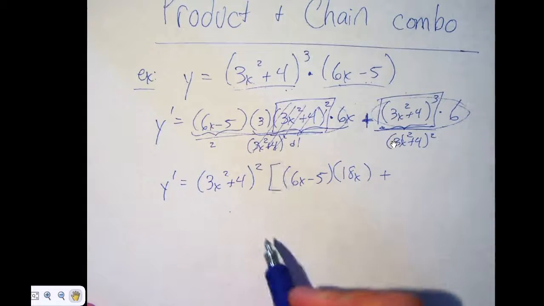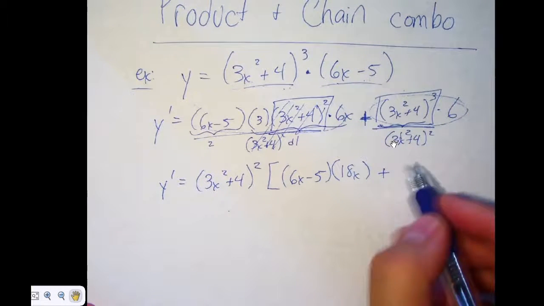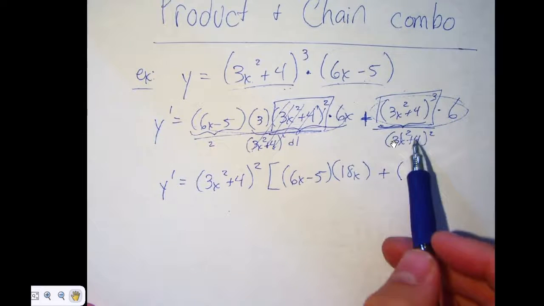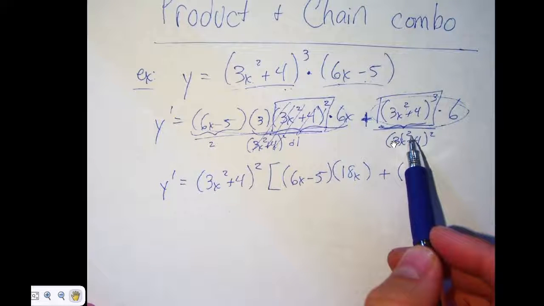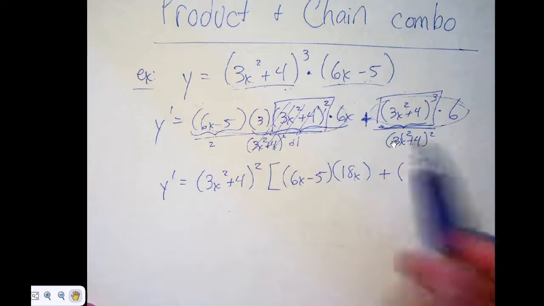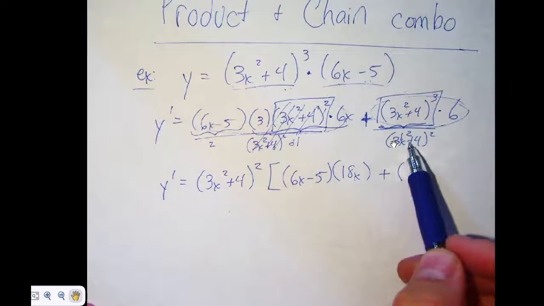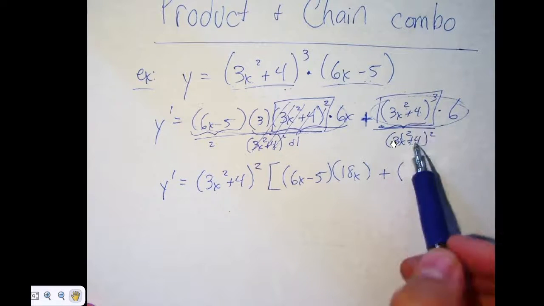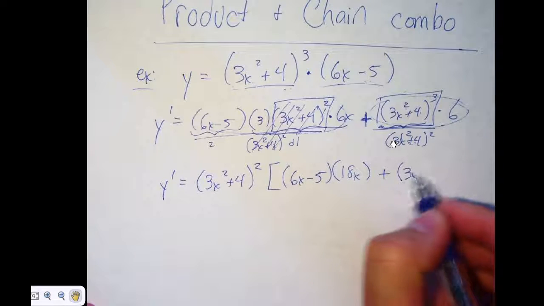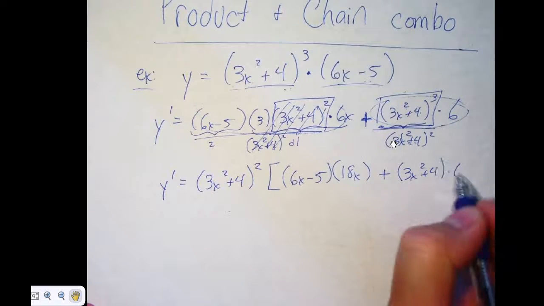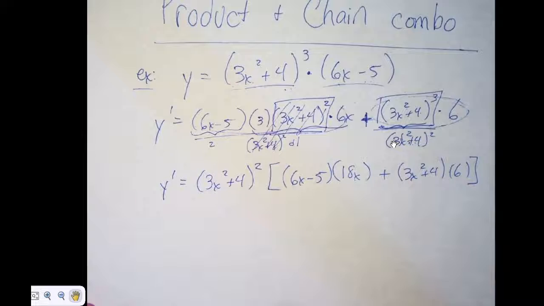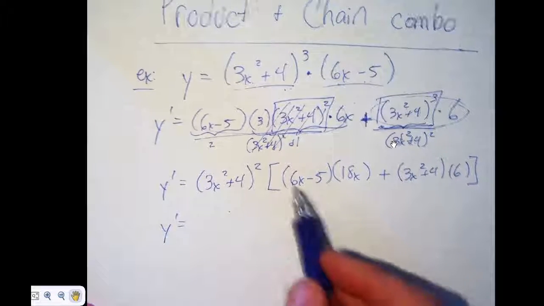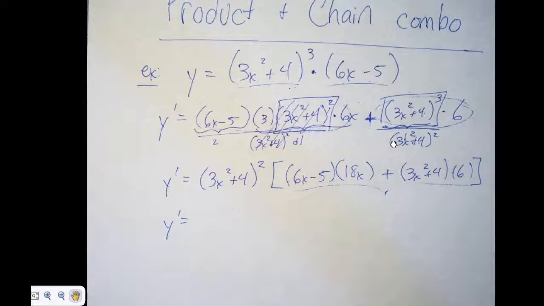Plus, and then over here, I still have one of those 3x squared plus 4 things left, right? I had 3, I took 2 and put them in front, so there's still 1 remaining. And that 6 is there. And then they'll want you to distribute those, combine the terms, and that's the answer they're going to look for at the end. And that's what I would want to do. I'll show you why in a second.